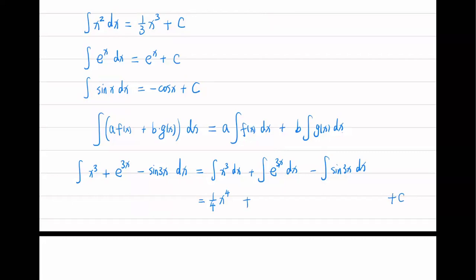And Elisa, next one, e to the 3x. E to the 3x times 3 or not? Is this the derivative or the integral?